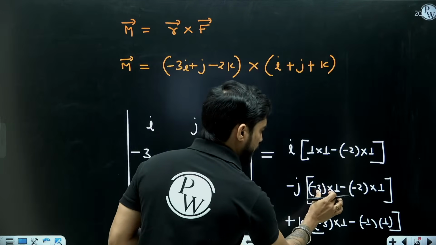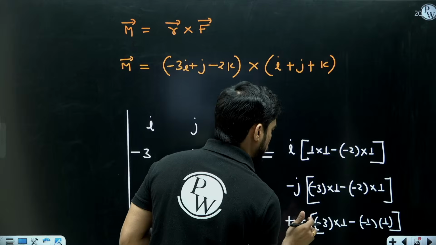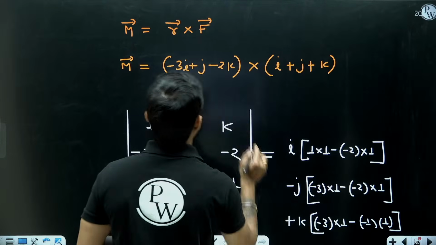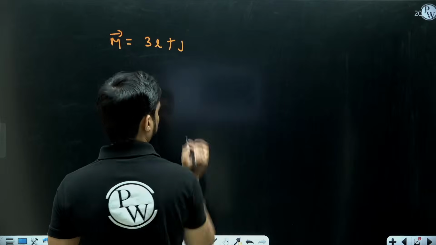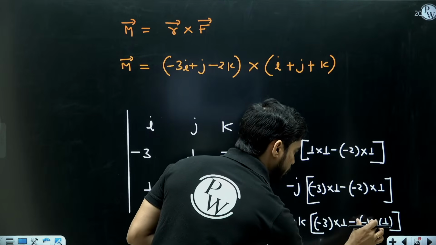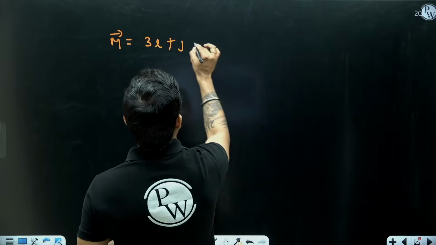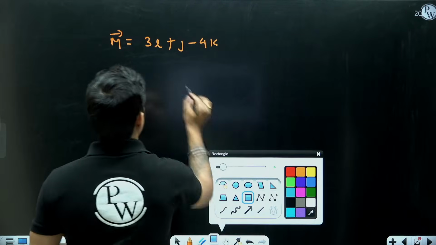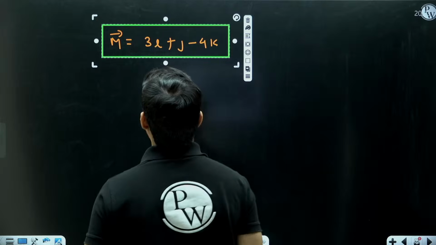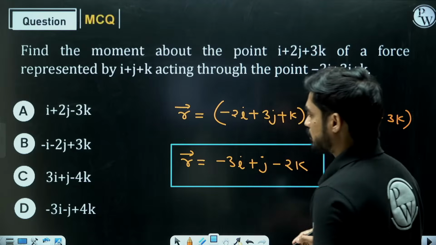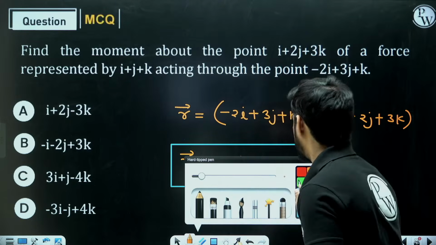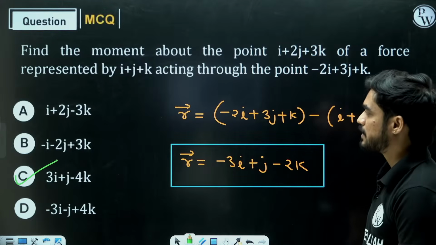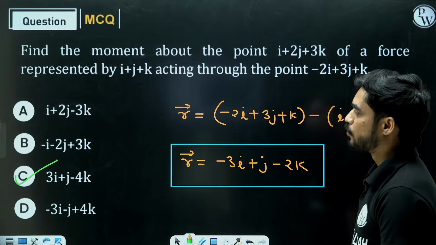Then minus 3 plus 2 means plus j. Then minus 3 minus 1 means minus 4k. So 3i plus j minus 4k is the answer. This is the moment vector.